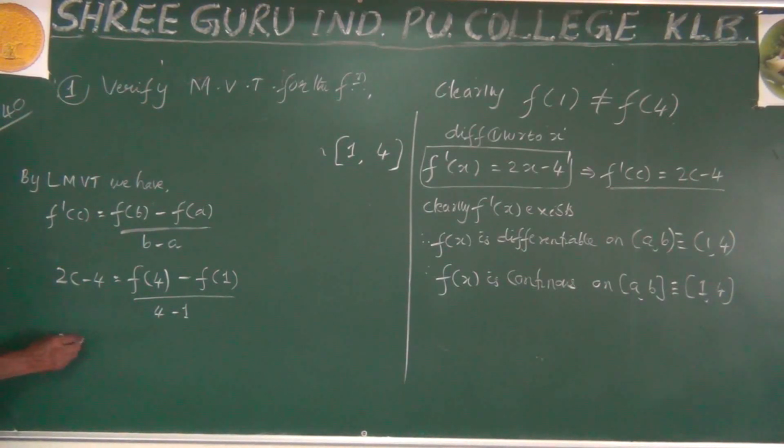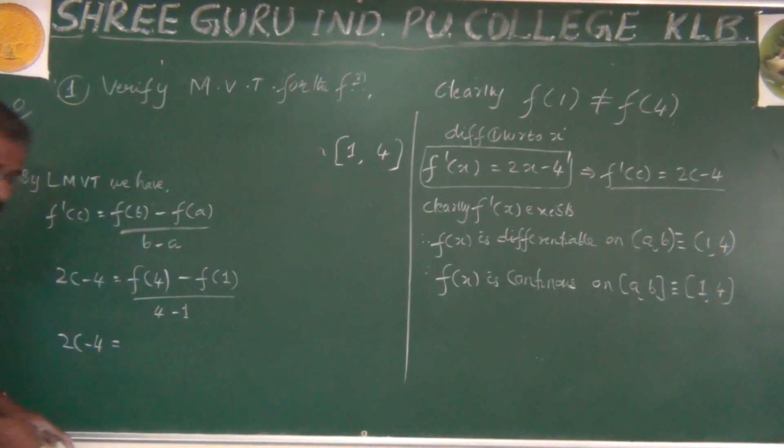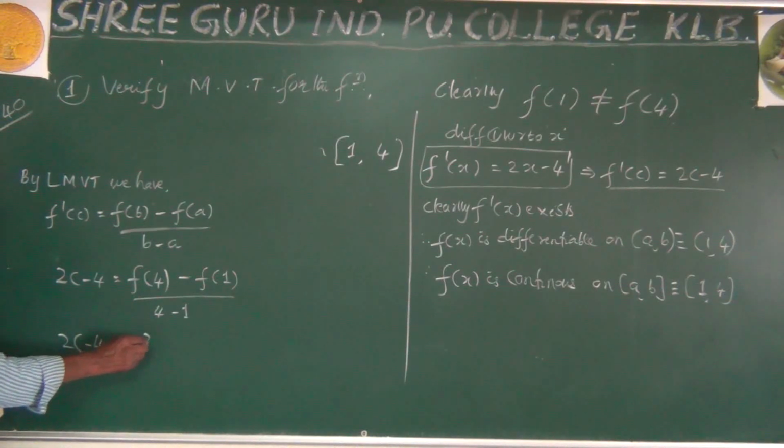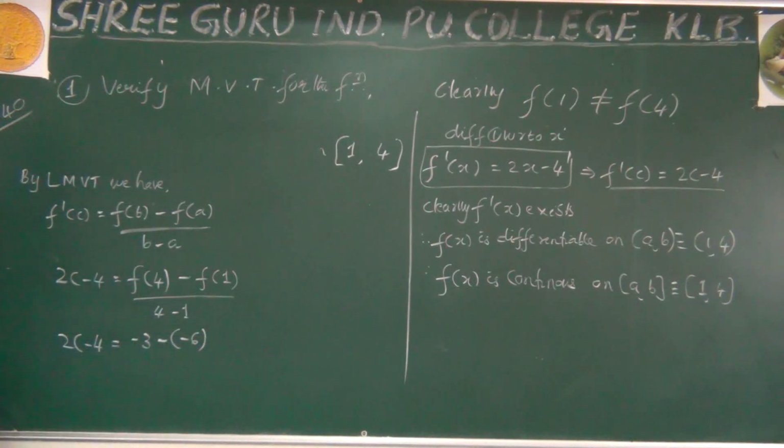Or 2c minus 4 equal to f of 4, value we found in the earlier steps, minus 3, minus f of 1, minus 6, divided by 4 minus 1 is 3.